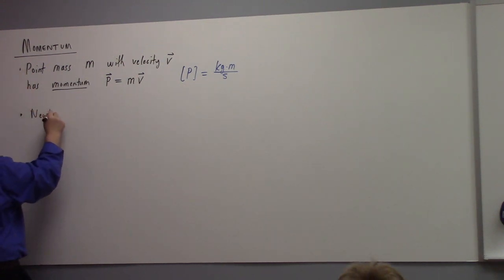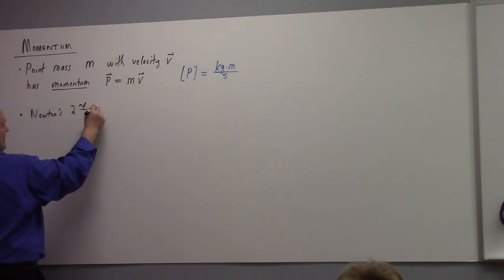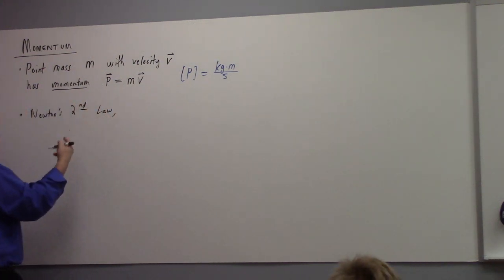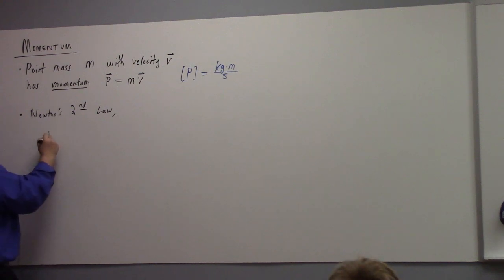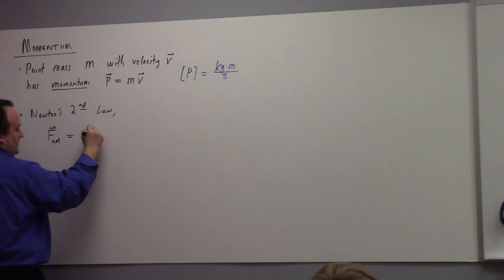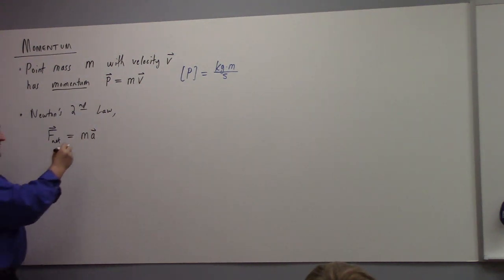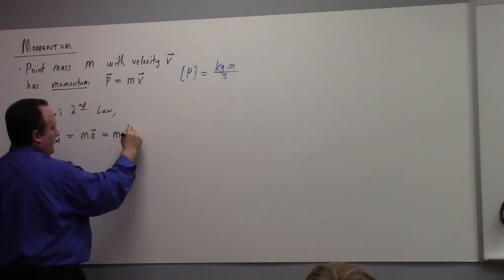Let's look at Newton's second law. For a point mass, we have the net force equal to the mass times the acceleration, but the acceleration is dv/dt.